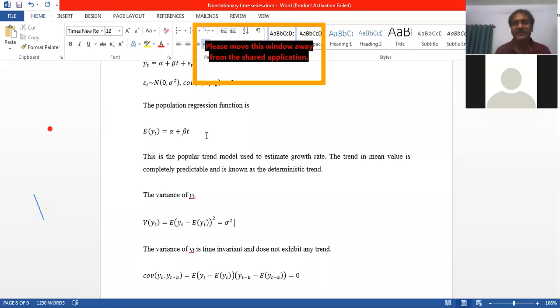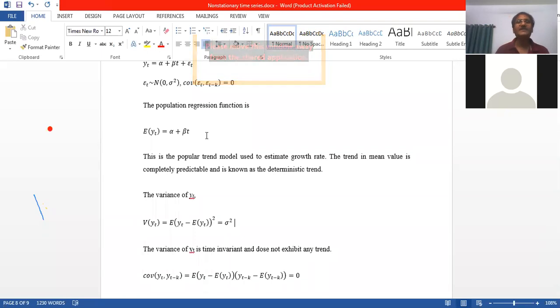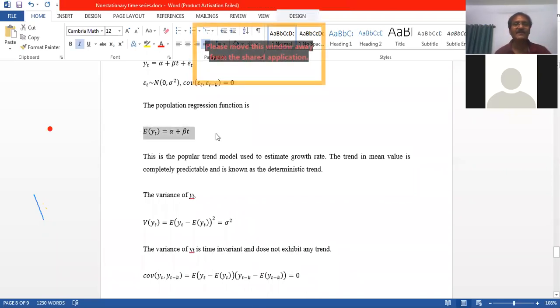Non-stationarity without unit root means no trend in variance, that is, no stochastic trend. But in this case, we have a deterministic trend. Deterministic trend means trend in the mean value, that is, we have trend in the mean value in this expression. That's why yt will be non-stationary.